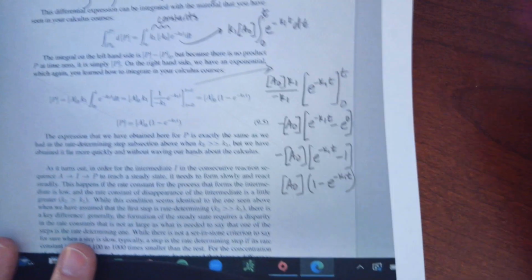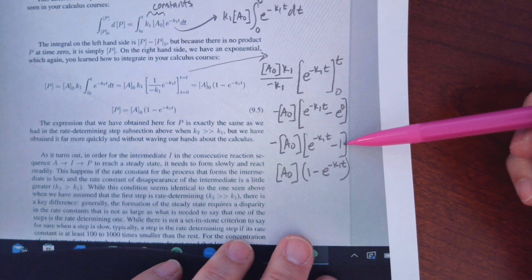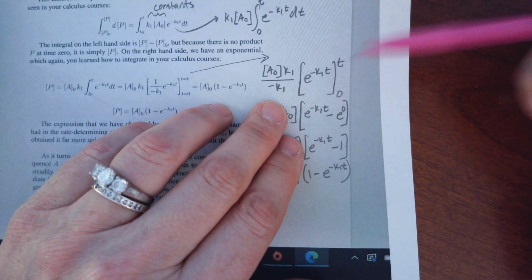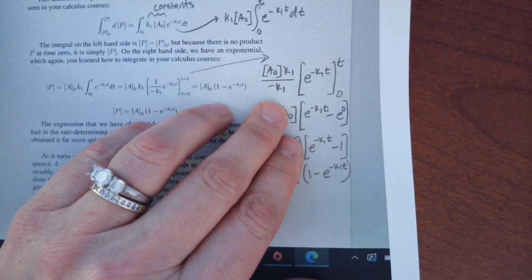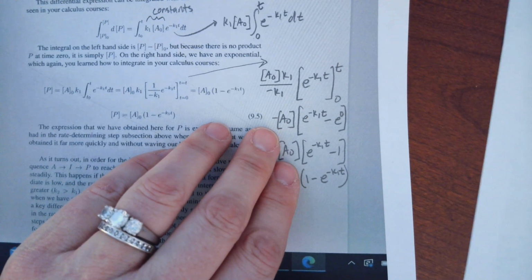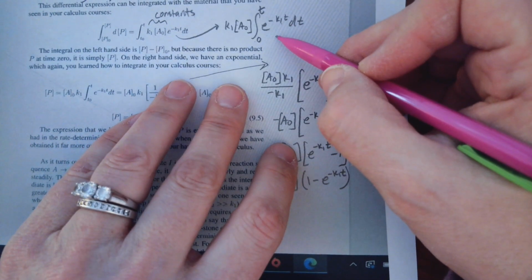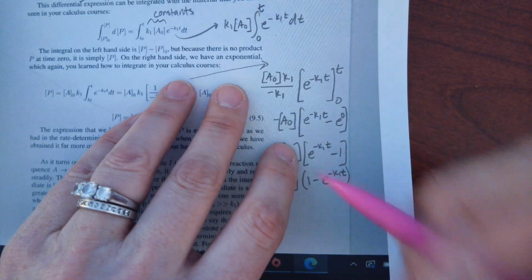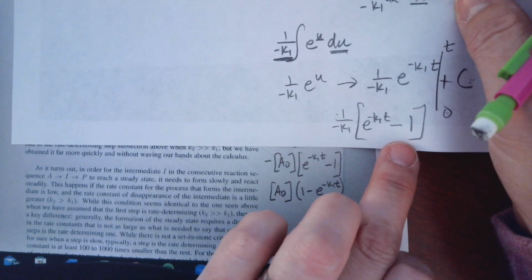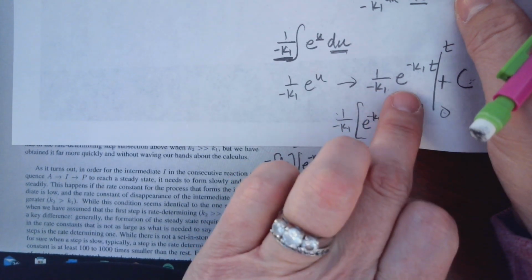So we were here, and here's where I just was. Did you notice earlier when I did my integral right here, the answer for my integral was, if you remember, 1 over negative k1 times all that, or times that stuff right there.